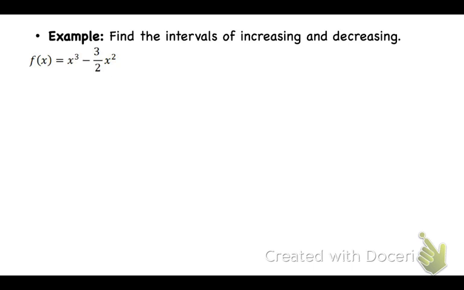Sorry, this is an example. This next slide has a list. It says find the intervals of increasing and decreasing. So what do I have to find? The derivative. Okay, so find the derivative of that.